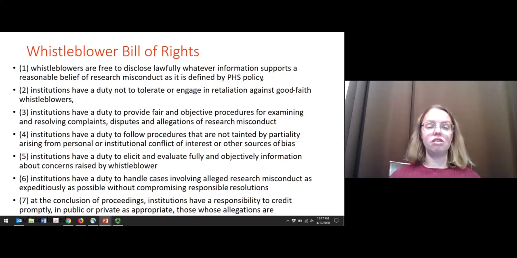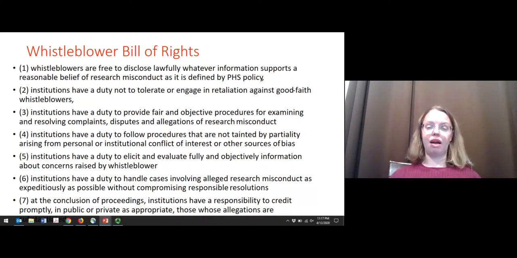The institution should not tolerate or allow retaliation. So you say, well, I can't report my professor, or I can't report a friend of mine, or an older grad student or a postdoc for doing something because I'll get fired, or they'll make my life miserable in the lab. There should not be retaliation against good faith efforts. And then the institutions have a duty to provide fair and objective procedures for examining complaints. Again, we will have a complaint system here at UVA if there's a dispute or an allegation.